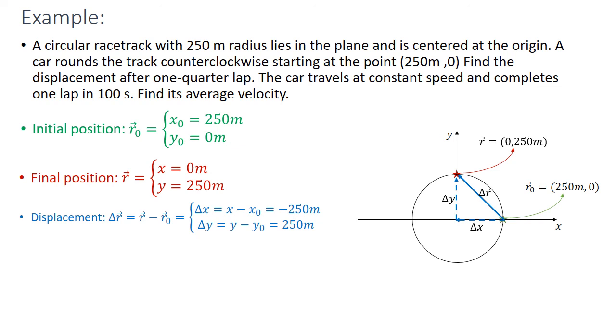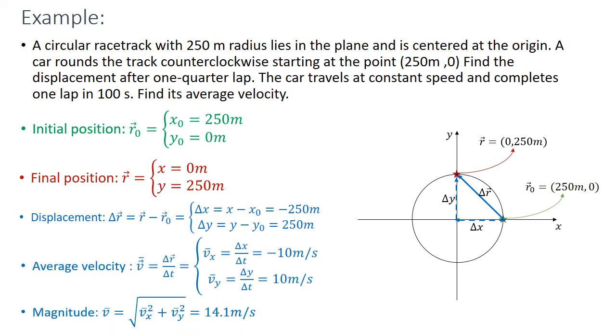So the delta t of this part of the trip is 25 seconds. The average velocity, which I write as v vector bar to indicate that I'm talking about an average, is delta r over delta t.